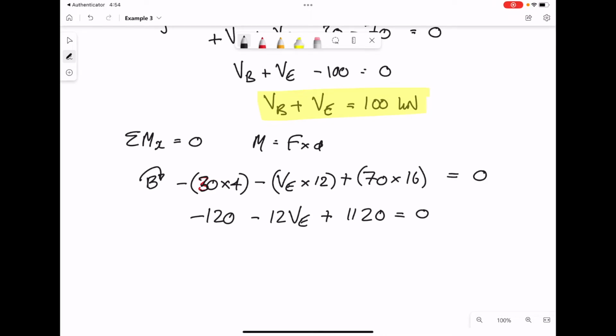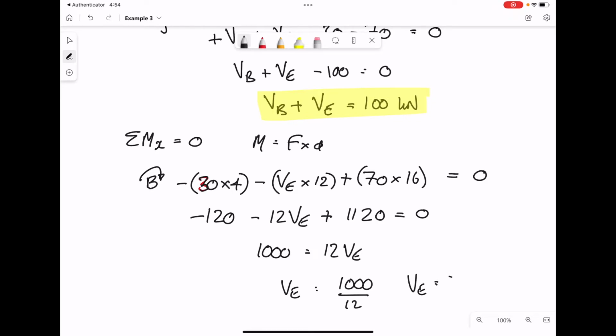Combine the numbers together and move the 12 VE to the right hand side, making it positive. We get 1000 is equal to 12 VE, then VE is equal to 1000 divided by 12.